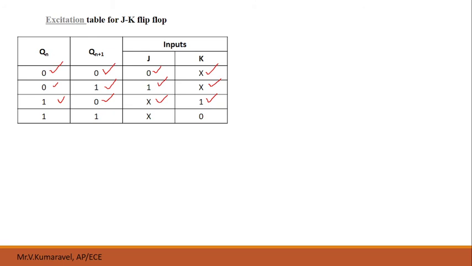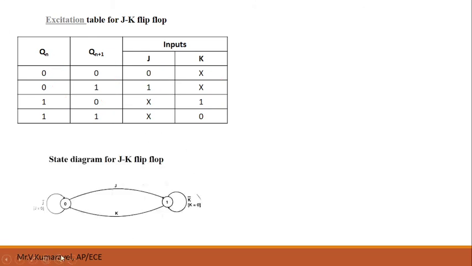Okay. So now using this excitation table, we can draw the state diagram. So let us look into it. When J equals 0, what happens? Your present state equals next state, that is 0 itself. When J equals 0, it remains in the same state 0 itself.